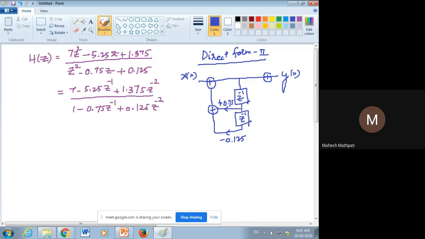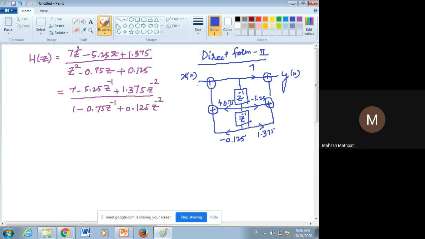Now on this side, what are the multipliers we will get? Minus 5.25, then 1.375, and here it is 7.